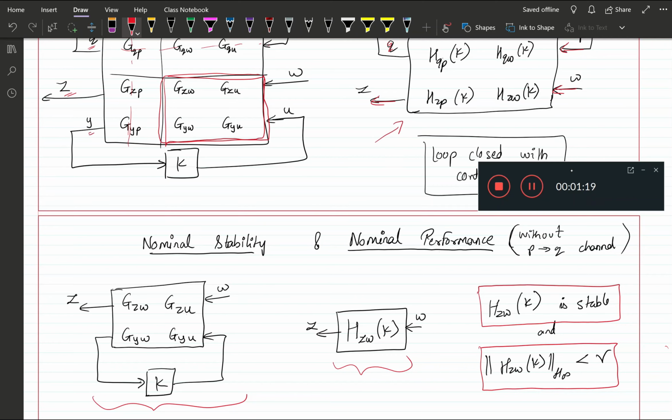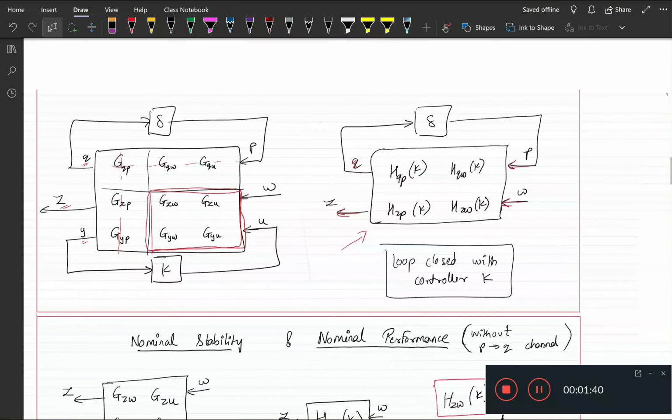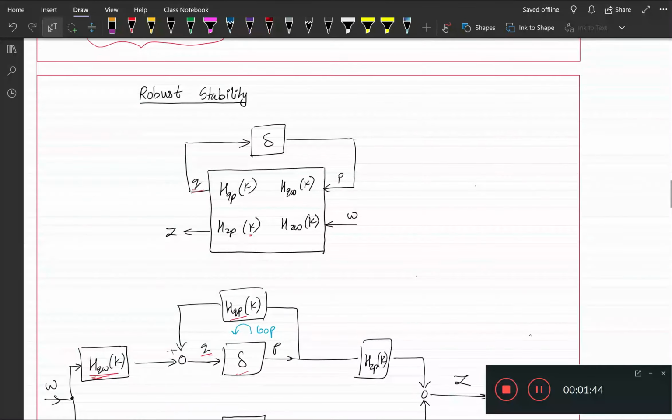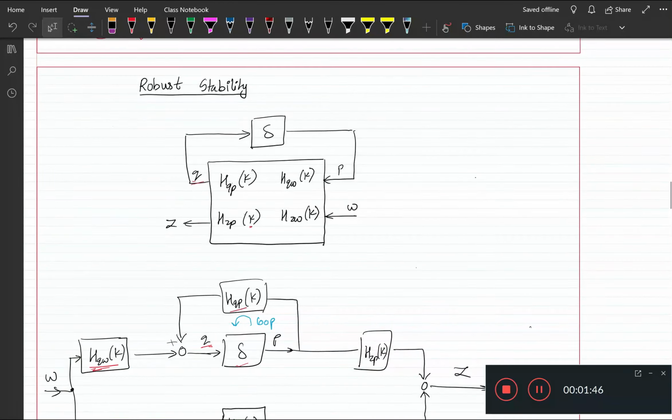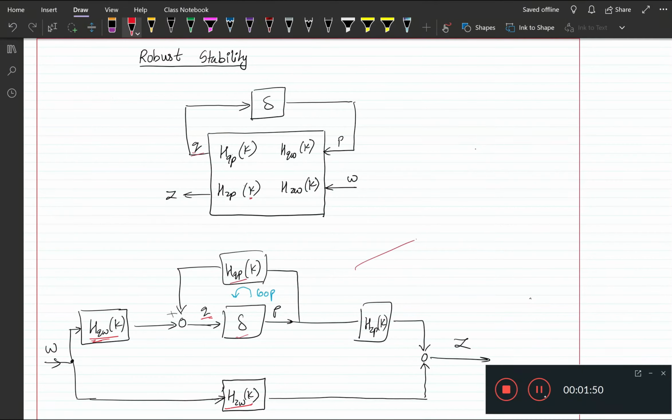Now let's consider robust stability. Here we do consider the complete closed loop system that we had above, without neglecting any blocks. If we represent the same system in this form here, we can verify that this is the same as this.